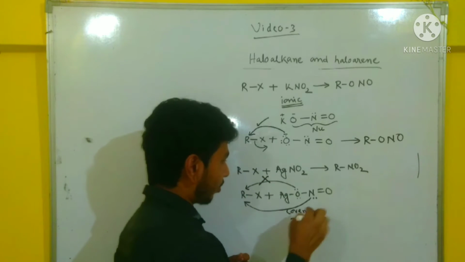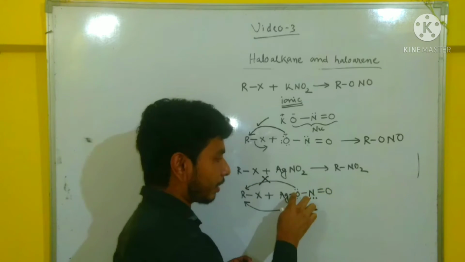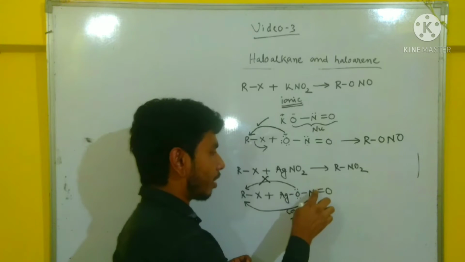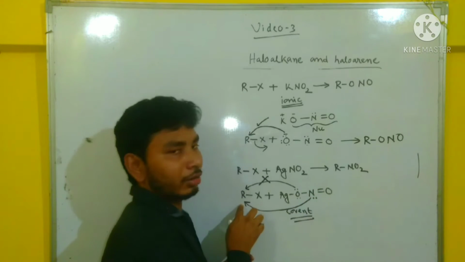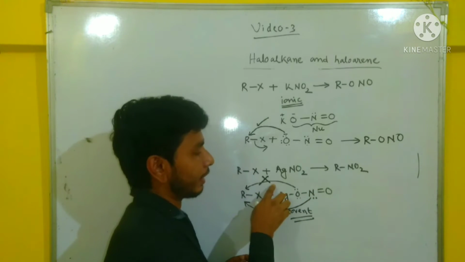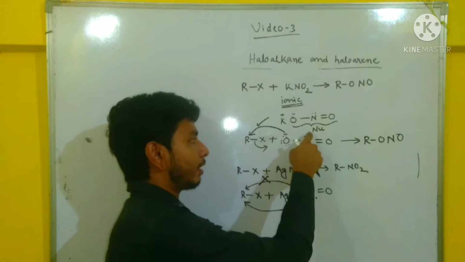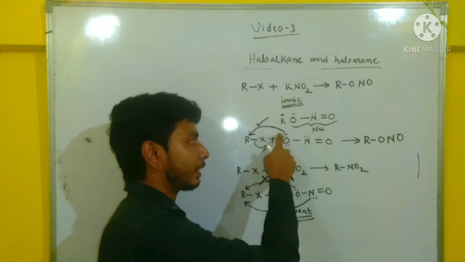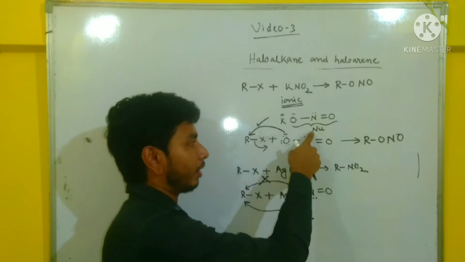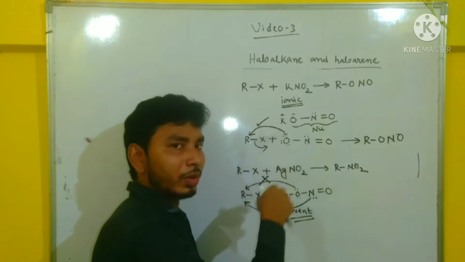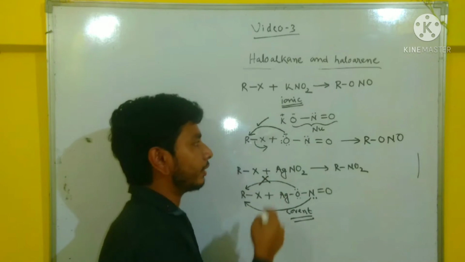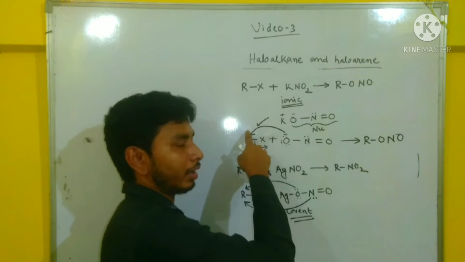So here nitrogen is less electronegative as compared to oxygen. So now nitrogen will donate the electron, not oxygen. In our previous case, oxygen carries the negative charge and nitrogen is neutral, and a negative charge is always more electron rich, so oxygen would donate the electron.